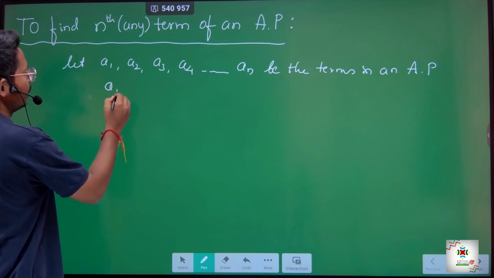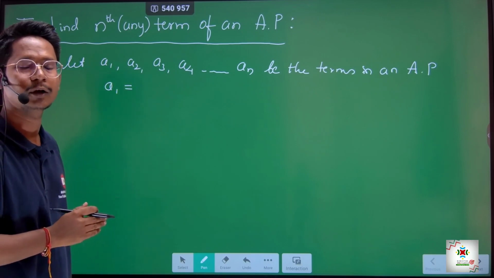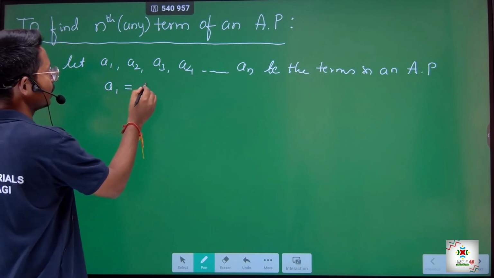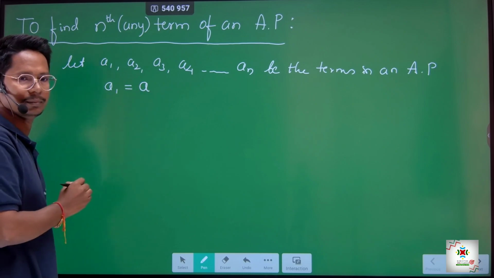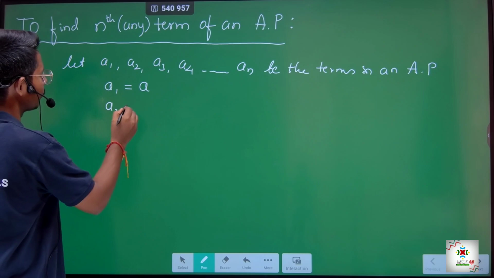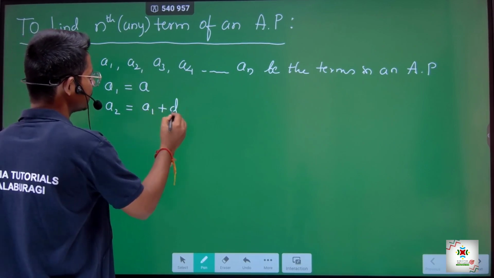Any term you can represent in terms of the first term and a common difference. How? First term A1 you can write as A, because A1 is the first term. Now A2, how do you get A2? By adding D to its previous term.